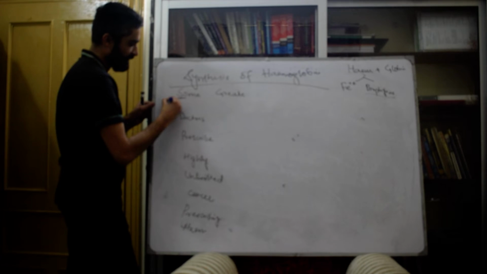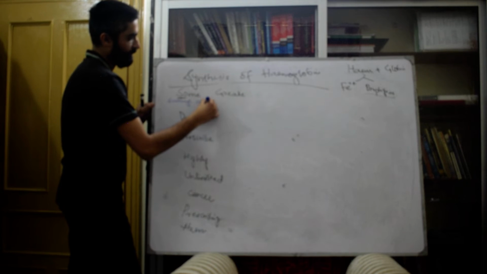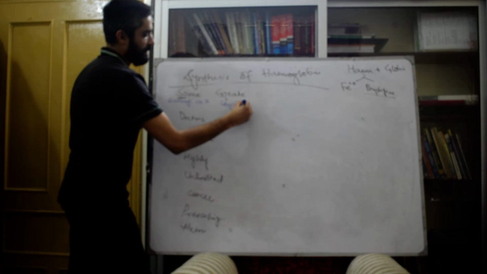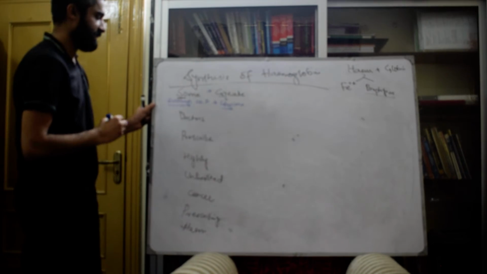From this S we get succinyl-CoA, from G glycine. So succinyl-CoA combines with glycine.